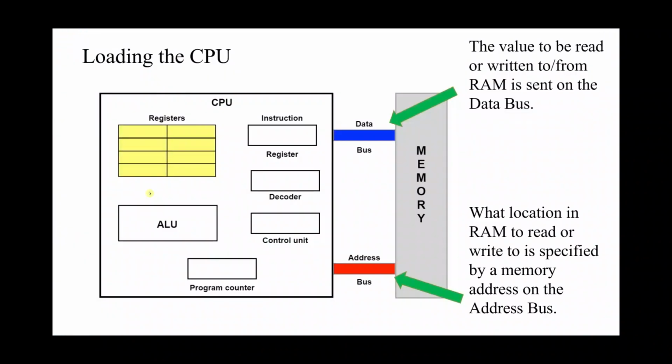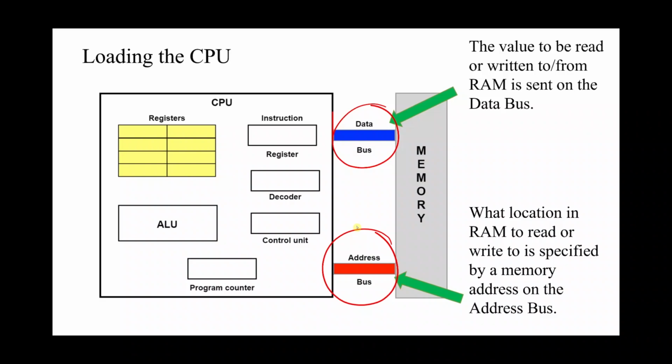So here's what we are going to deal with today. This chart. Let's see how we load the CPU with the instruction and how to decode it and eventually how to execute it. So we have two buses. The first one is the data bus, and the value to be read or written to or from the RAM is sent on the data bus.